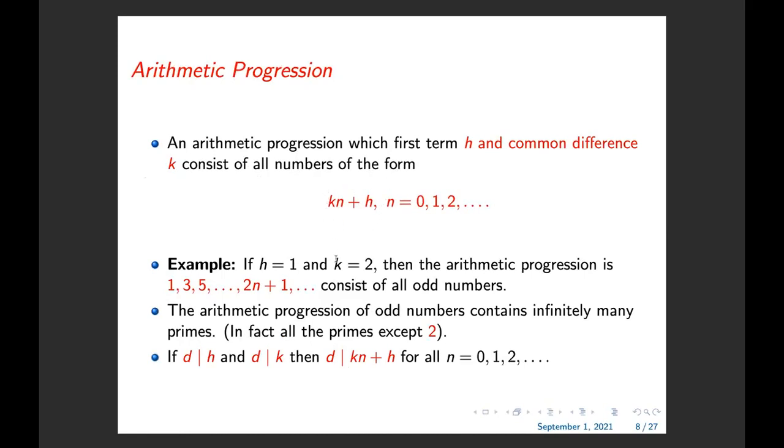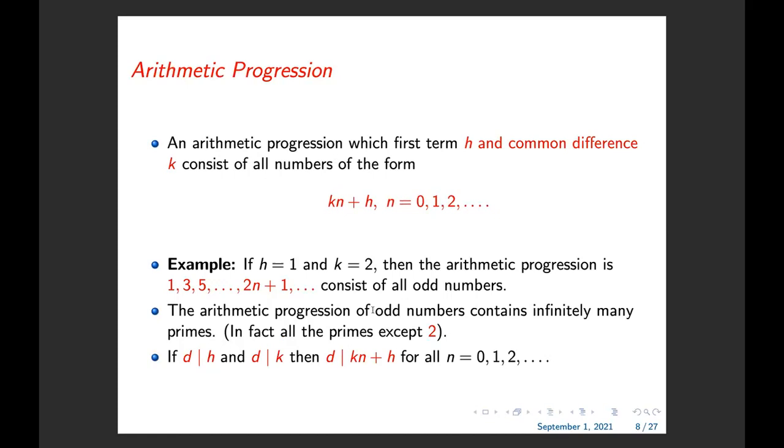So this implies that if the GCD of h and k is greater than 1, then this arithmetic progression doesn't contain infinitely many primes.